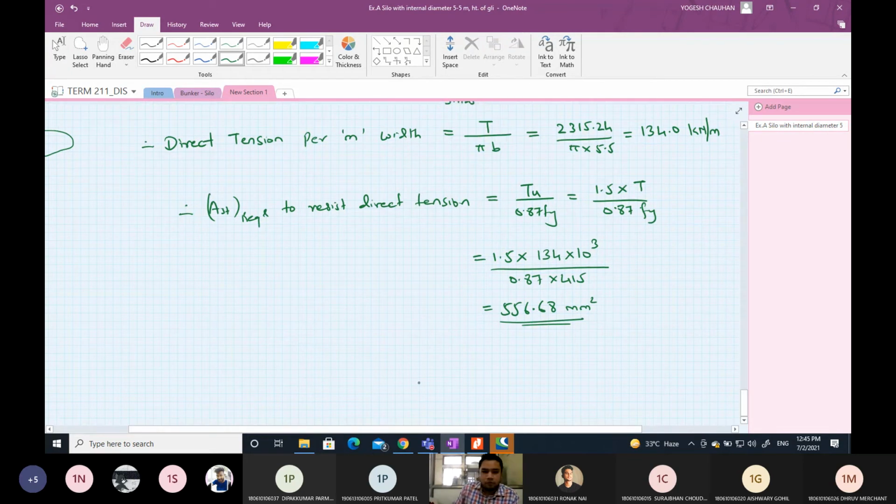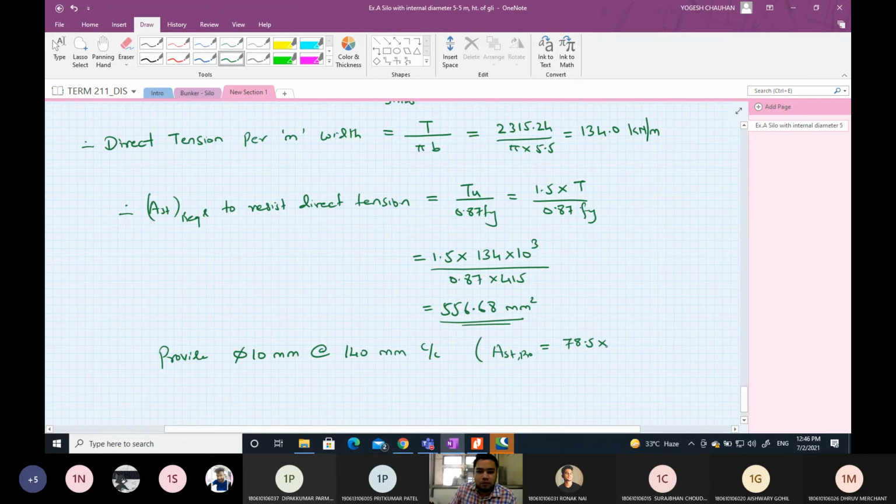Now let us provide 10 mm bar diameter. Provide 10 mm bars at a spacing of 140 mm center to center. So that will give you AST provided equals to the area of 10 mm bar diameter, 78.5, multiplied by 1000 divided by spacing 140.